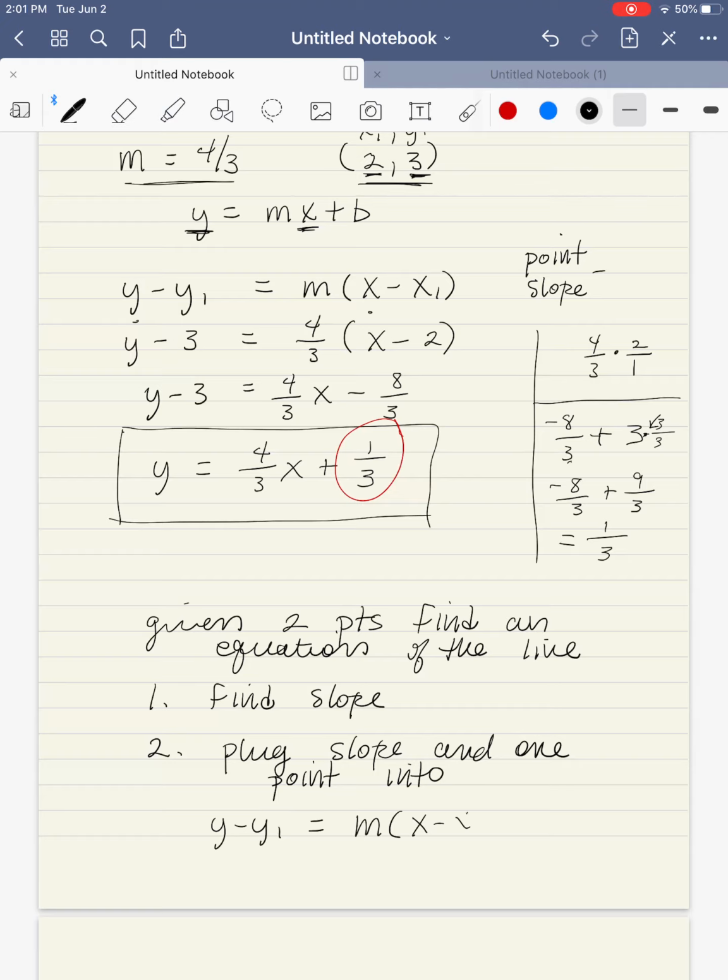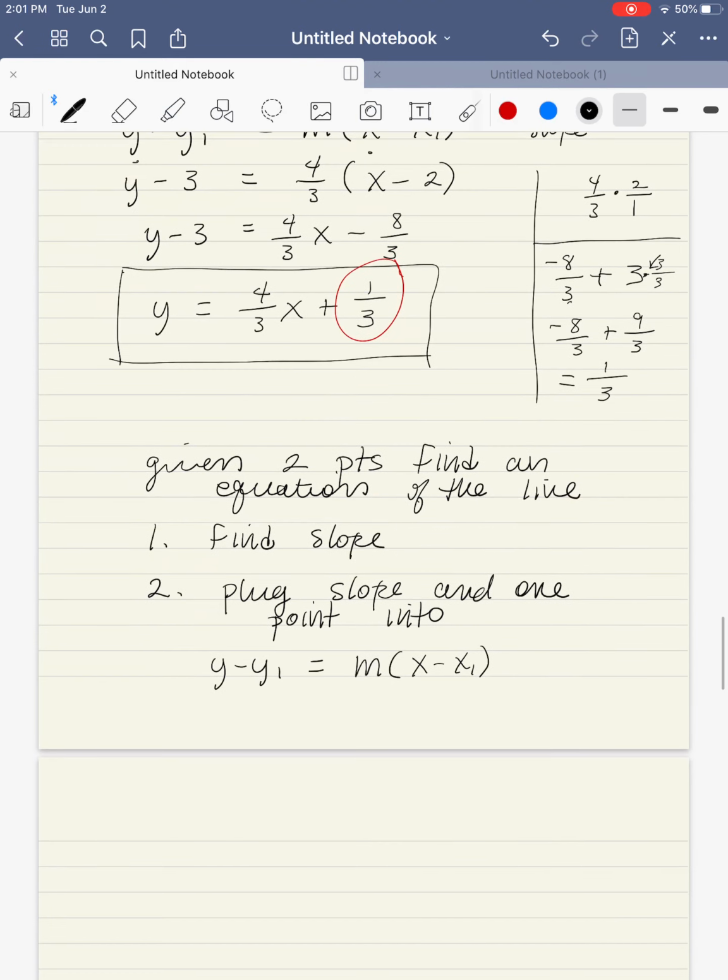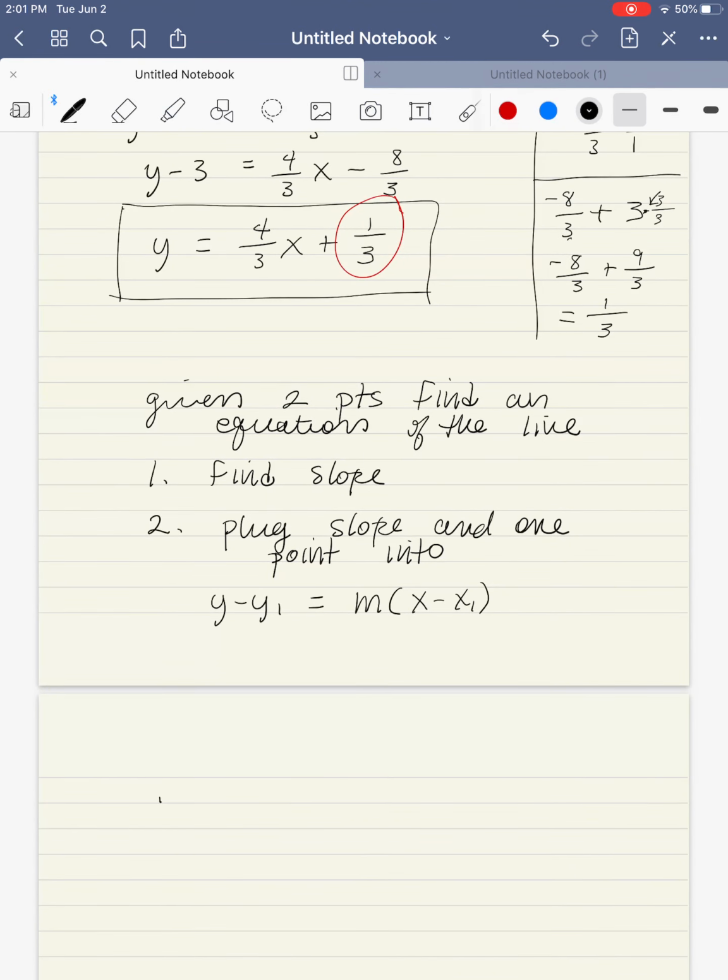I'm sorry, the slope point form. And then we simplified to get our y equals mx plus b form. So that was our process for finding the equation of a line given 2 points.